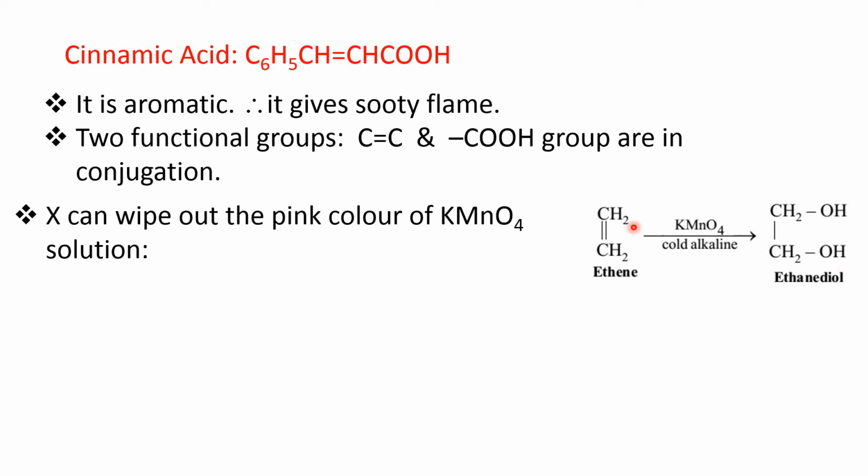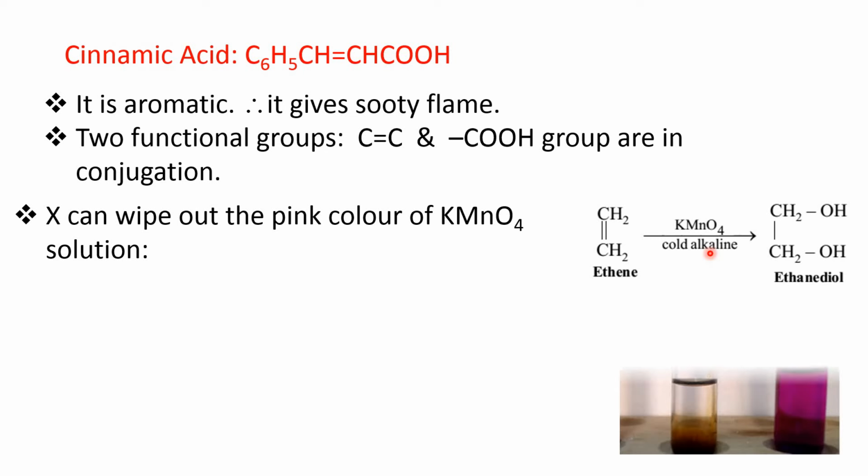So the pi bond breaks and these two OH groups are added, whereby 1,2-diol or glycol is formed. And this is the test for aliphatic unsaturation known as Baeyer's test. So when cold alkaline solution of potassium permanganate is added to an unsaturated compound, this pink color is discharged.